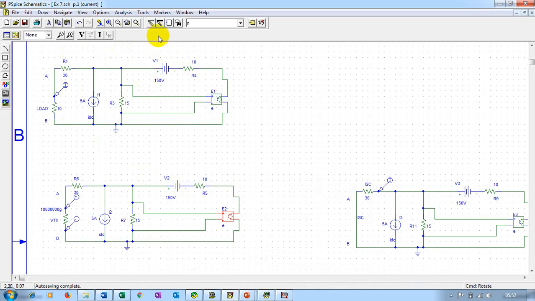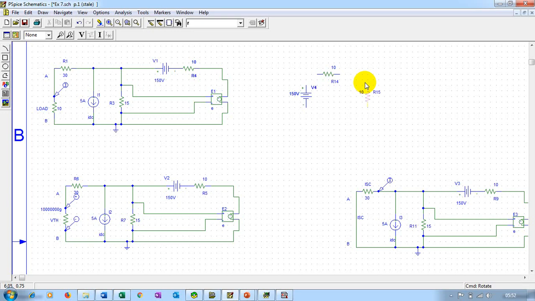Now let us try to build the Thevenin equivalent also. So what is your Thevenin equivalent? VTH in series with the resistance. So I'll copy this voltage and rotate it and place it here, and I need a resistance, so I'll copy and place it here.